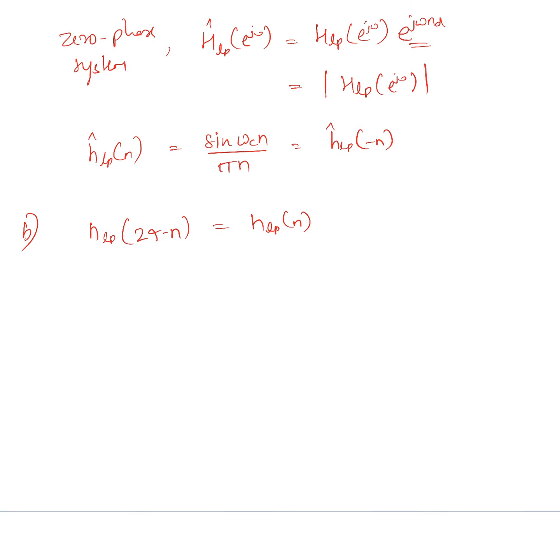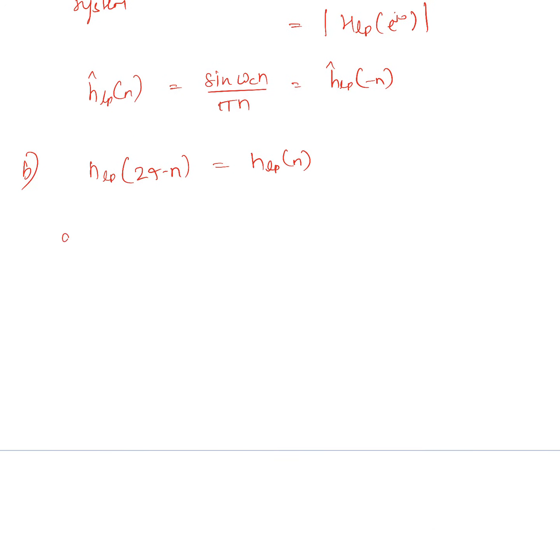Right? So if we see from the first part, when alpha is an integer, the impulse response is symmetric about n equal to nd.